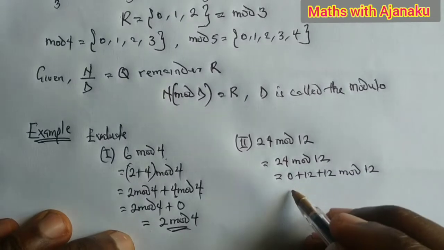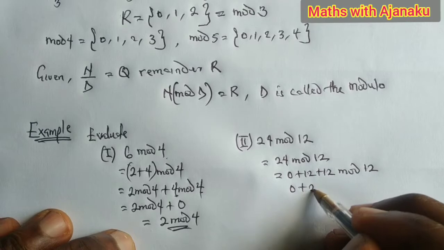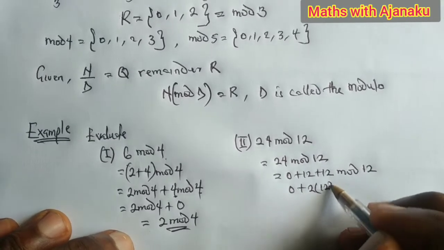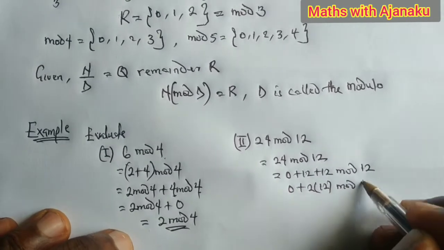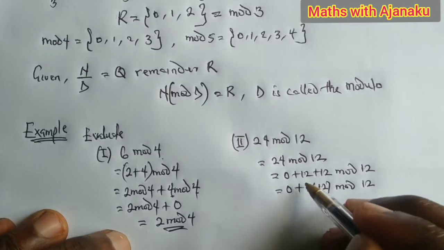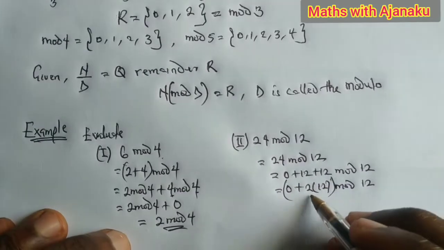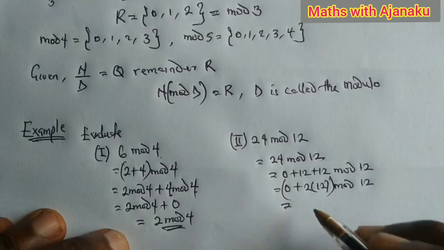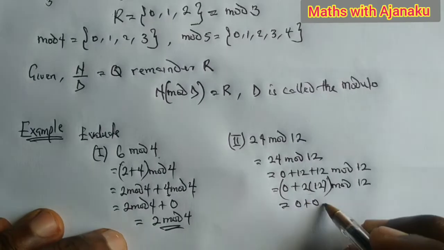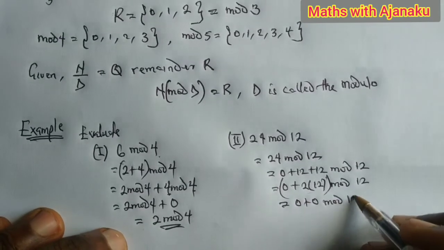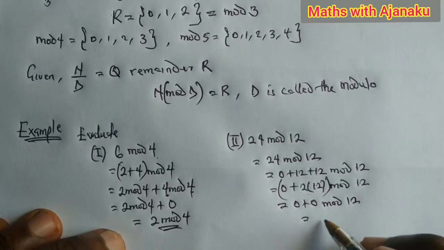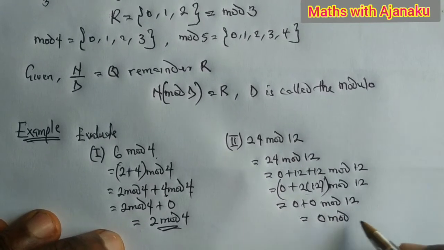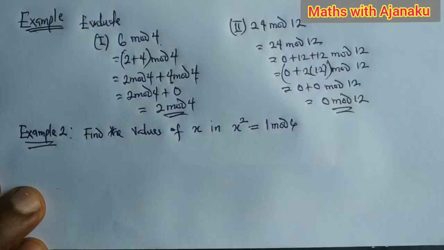And this is 0 plus 2 times 12 modulo 12. So all this multiple of 12 becomes 0. Then I have 0 plus 0 modulo 12. So this is equal to 0 modulo 12. I hope that's very clear too.